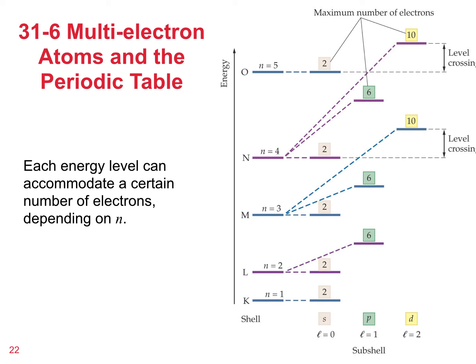That means the n equals 1 shell can accommodate 2 electrons because there are 2 different quantum states. The same argument can then be applied for n equals 2, n equals 3, etc., where the number of states grows quite a bit when you increase the n number.